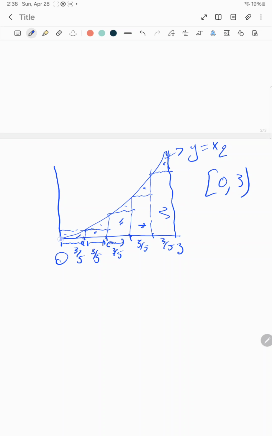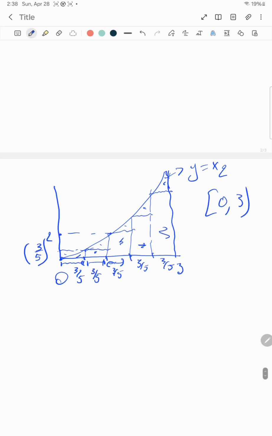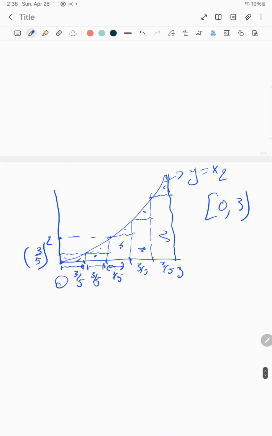The height, because y equal x square, so here would be 3 over 5 square, its height, and the height of that rectangle will be 6 over 5 square. Because I replace x by 6 over 5, it becomes 6 over 5 square, or f of 6 over 5. It's the same thing, and you continue like that.